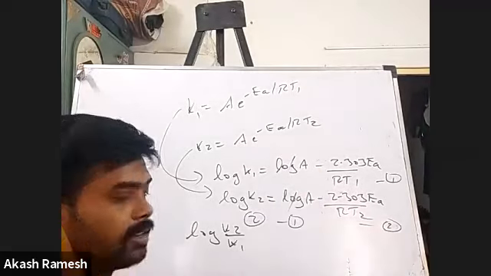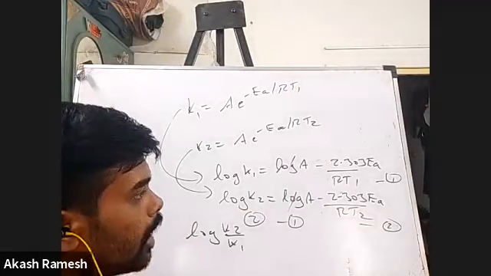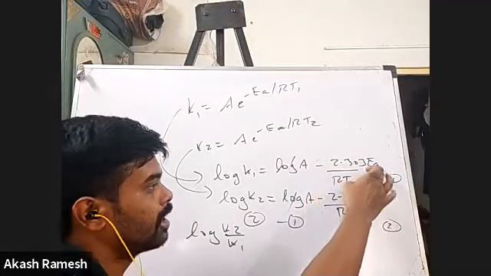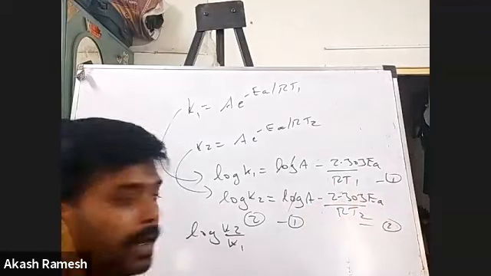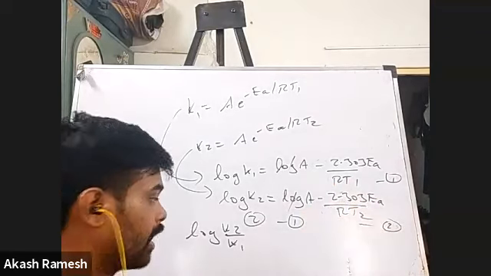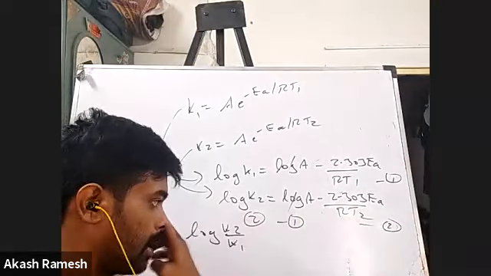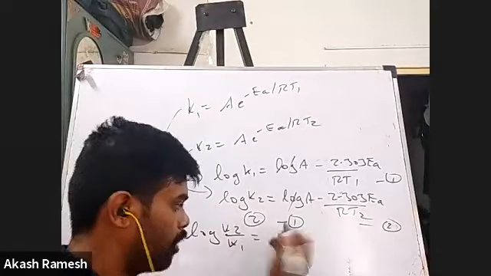Log A gets cancelled. Right? So I have minus 2.303 Ea by R common. Here also minus 2.303 Ea by R common. Right? Let me write the full equation itself.